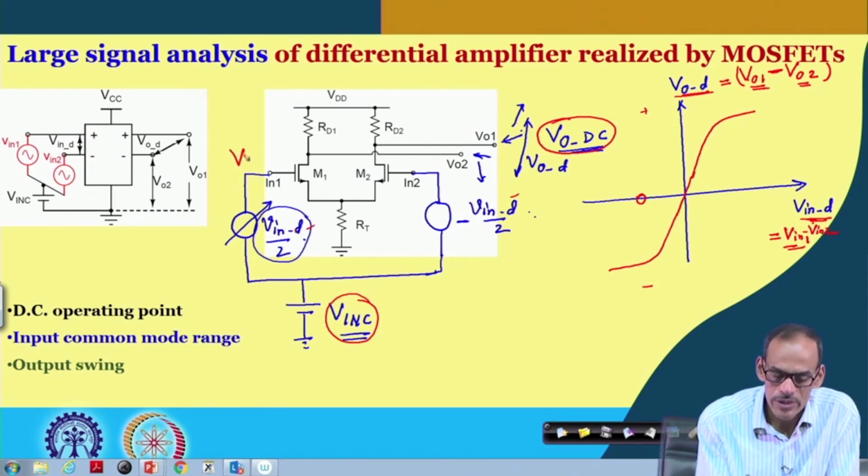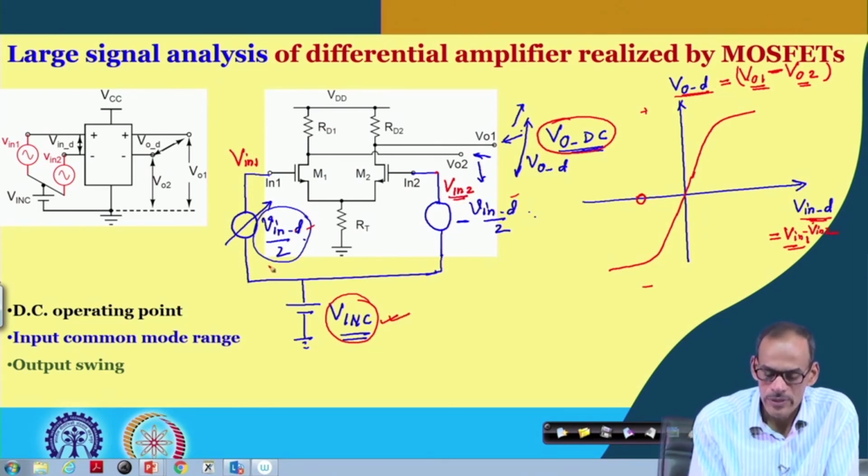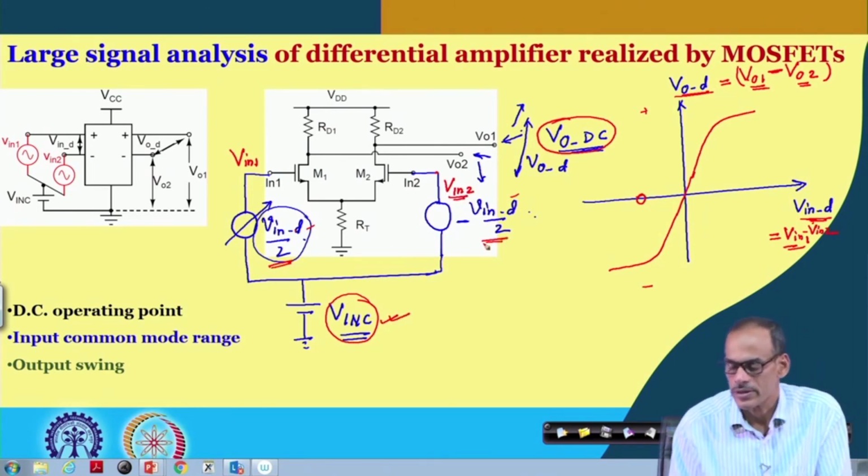So, the voltage here is capital Vin1 and the voltage here is Vin2, and both of them have the common DC and then the differential part.